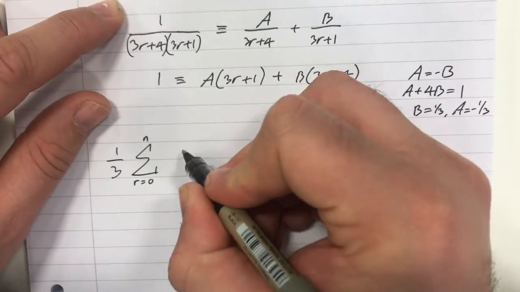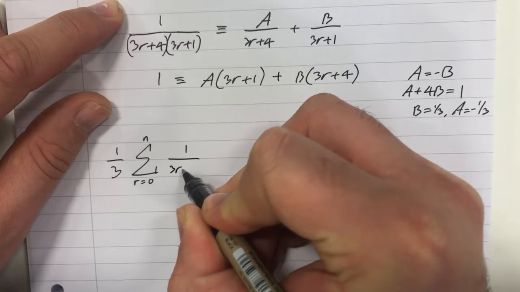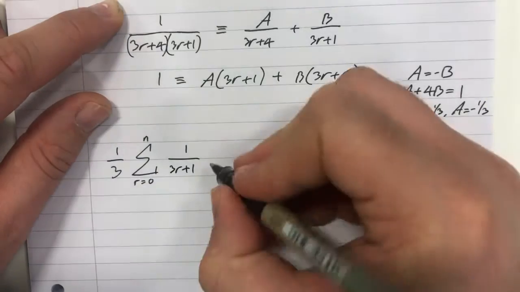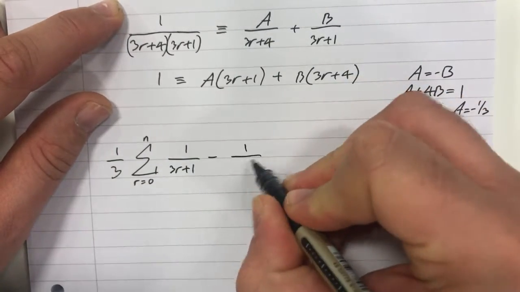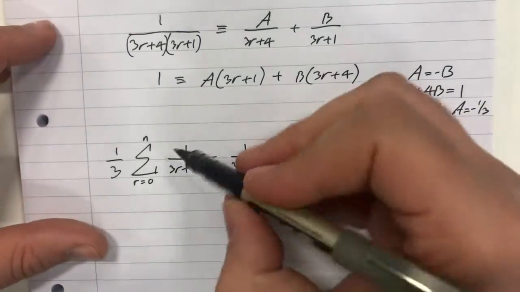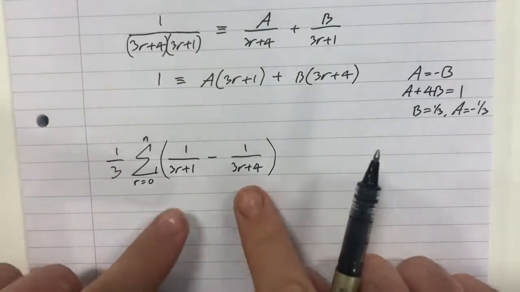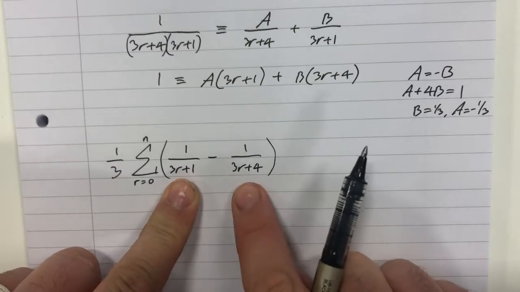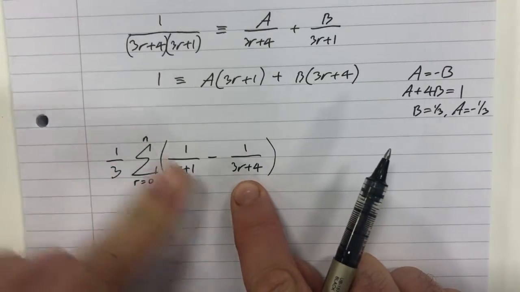B was positive, so it's going to be 1 over 3r plus 1. And then a was negative, so that's going to be 1 over 3r plus 4. And this series is of the form f of r minus f of r plus 1, as we had before.